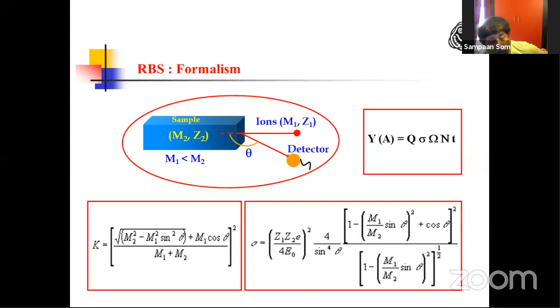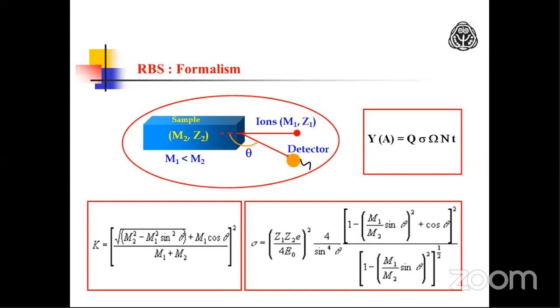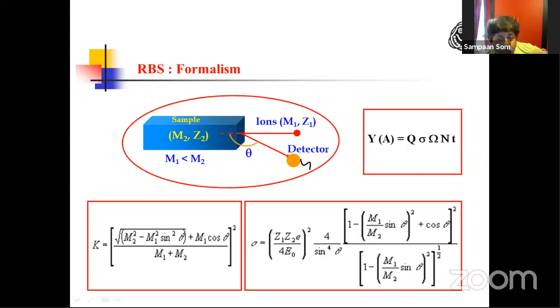A small mass is going to hit a bigger mass, and automatically just go back. And these backscattered particles, basically these M1 particles, come back, they remain energetic, and get detected by a suitable detector. And this is, in principle, the formalism of Rutherford backscattering spectrometry.